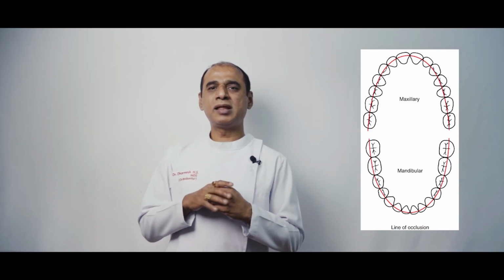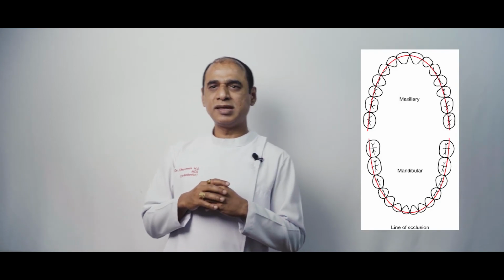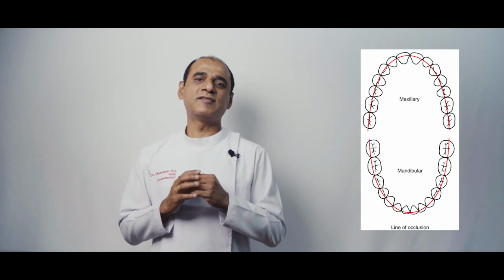The mandibular line of occlusion runs along the buccal cusps of the posteriors and incisal edges of the anteriors. Angle's concept of normal occlusion is class 1 normal occlusion. Molars are in class 1 relation. The lines of occlusion are intact in both maxillary and mandibular arches, and there should be a full complement of teeth present.